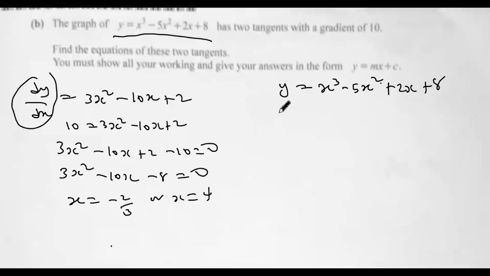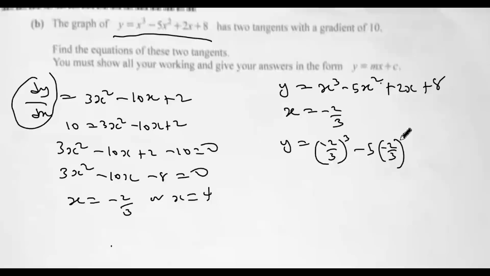When x equals minus 2 over 3, y will be equal to (minus 2 over 3) cubed minus 5 times (minus 2 over 3) squared, then plus 2 times minus 2 over 3, then plus 8. You can use your calculator to do this.